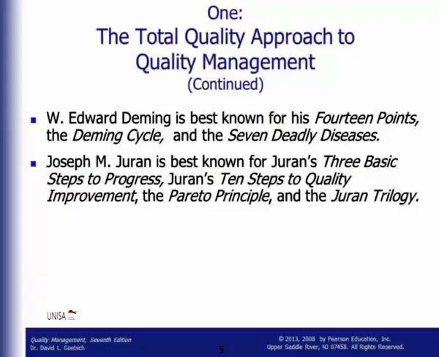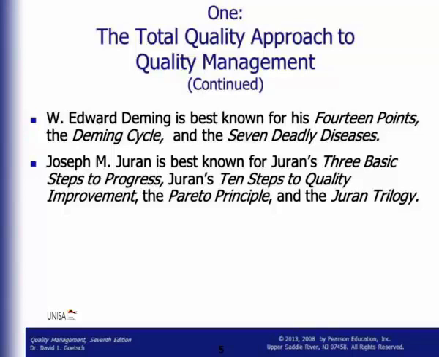Some of the gurus in quality is W. H. Deming, who is known for his 14 points and also his deadly diseases. Then there's Joseph Juran, who is known for his 3 basic steps to progress, Juran's 10 steps to quality improvement, the Pareto principle, and the Juran trilogy.